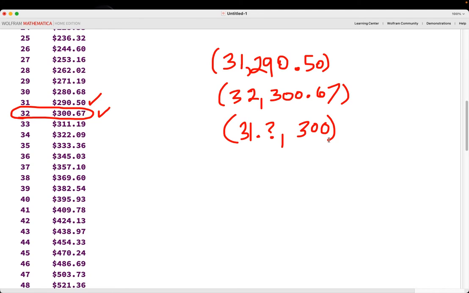So how do we figure that out? Well, this is simple. This is college algebra, right?